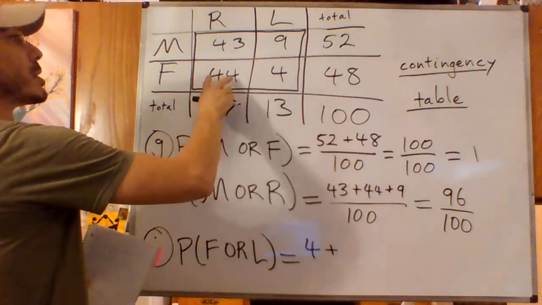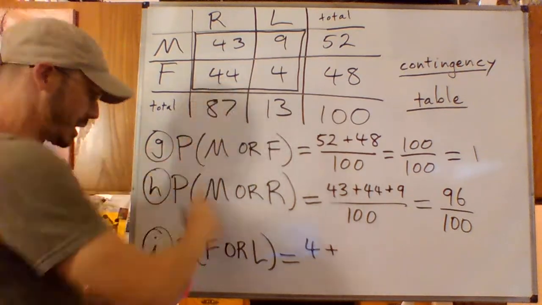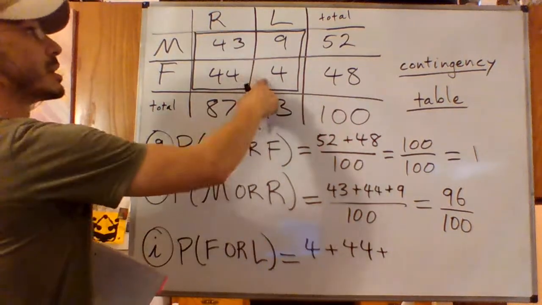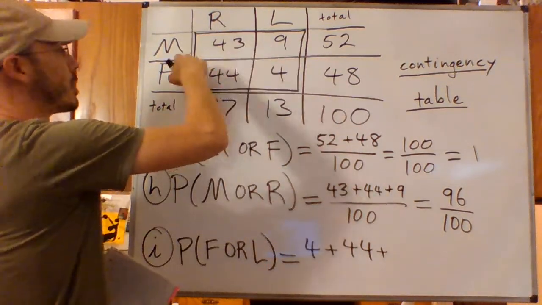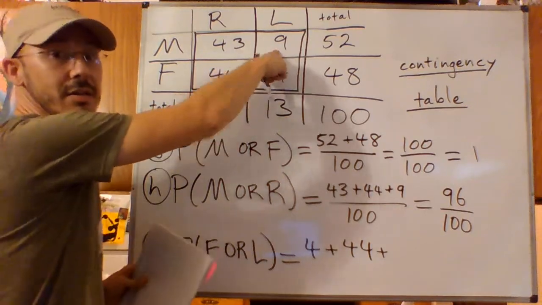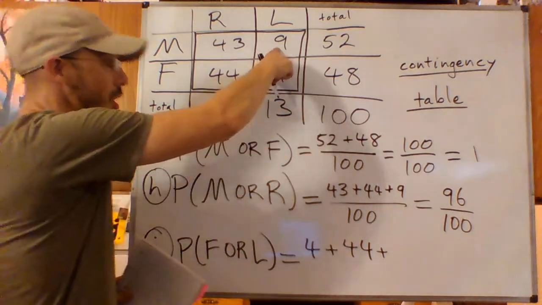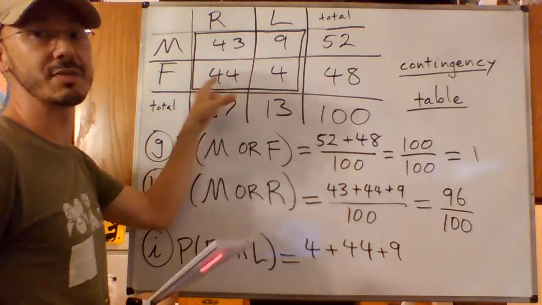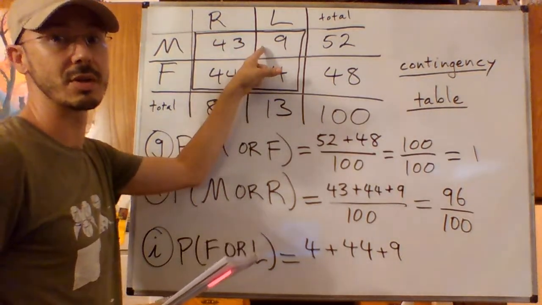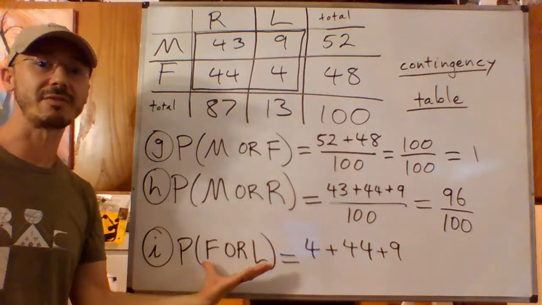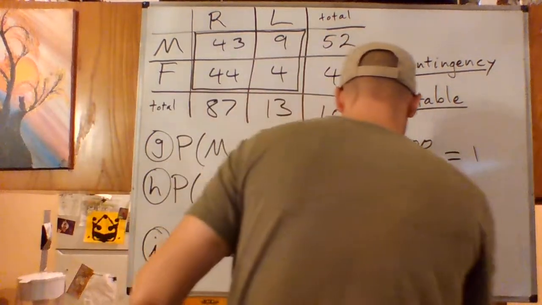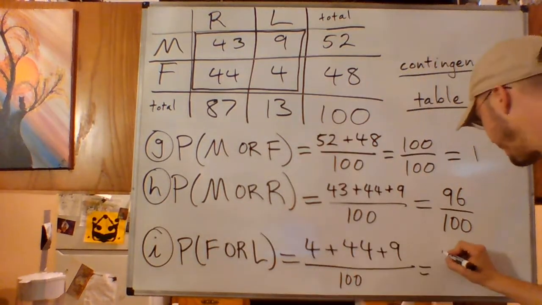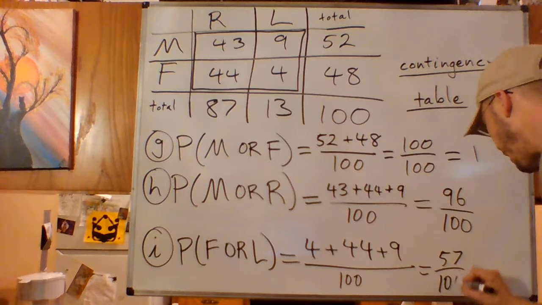But the females that aren't left-handed, because they're females, and the left-handed people that are male because they're left-handed. This is F or L, so they're L. And we need to include all 3 of those sets of individuals to get the entirety of the event F or L, divided by 100. That comes out to 57 over 100.